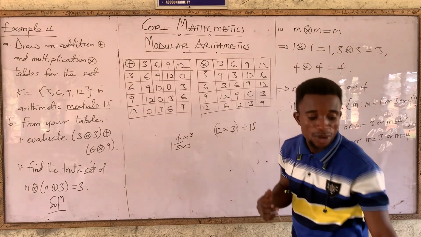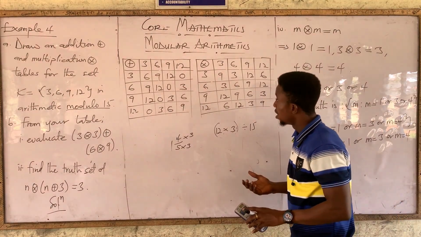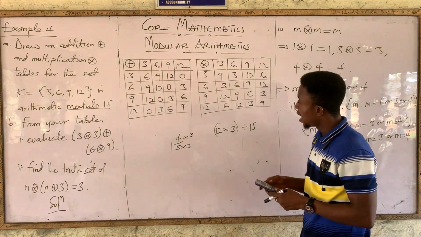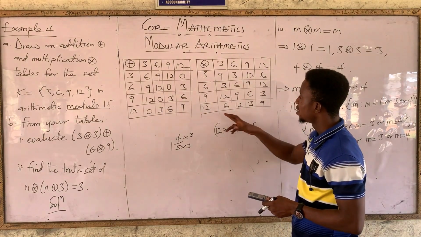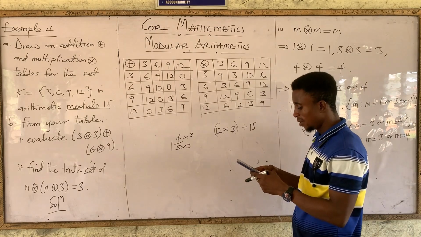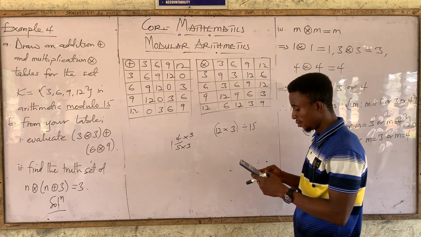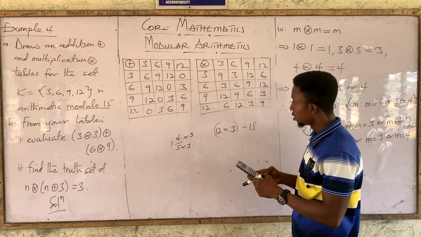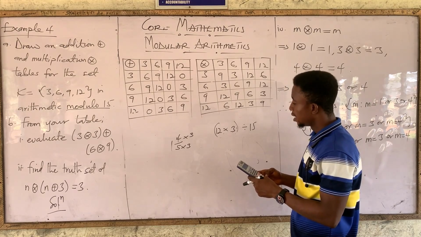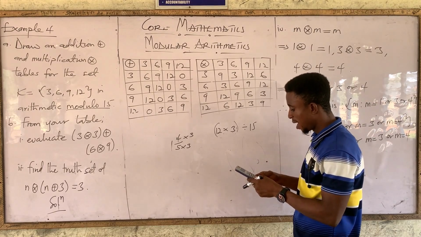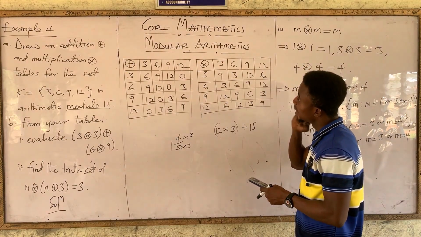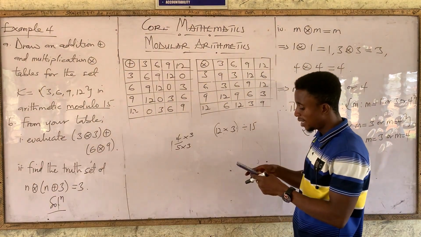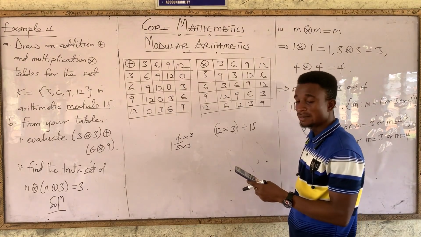And what some people were also doing is that they were saying, let's say we want to calculate for this one, 12 times 6. Then they will say divided by, they will put equal to, then divide it by the modulo, which is the 15.